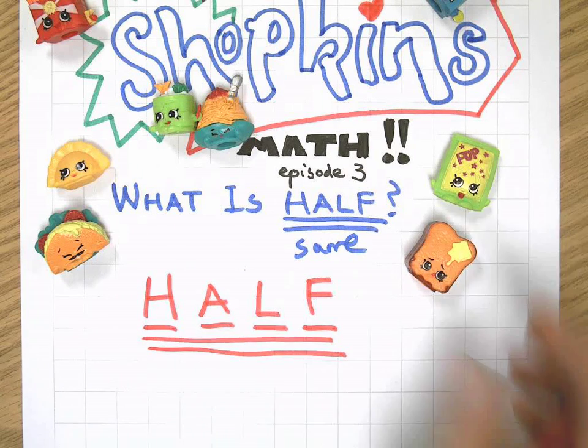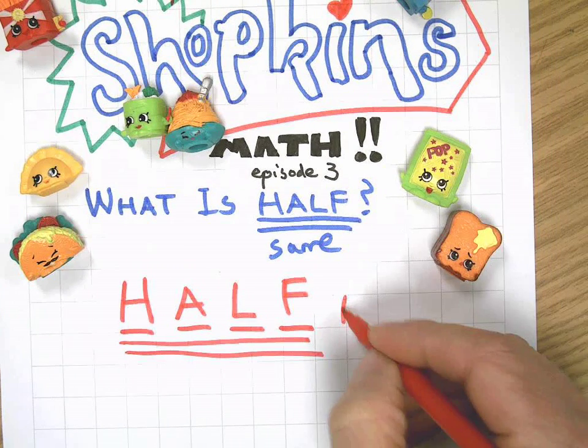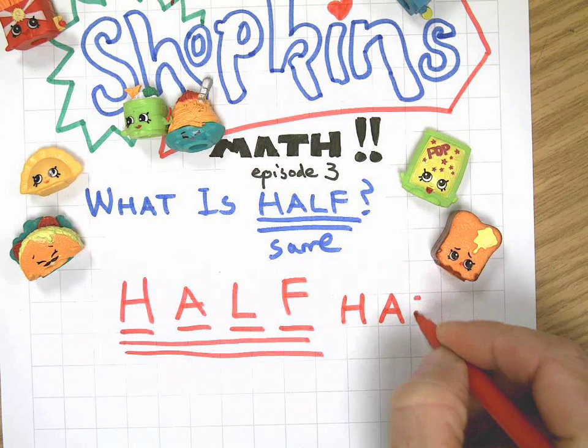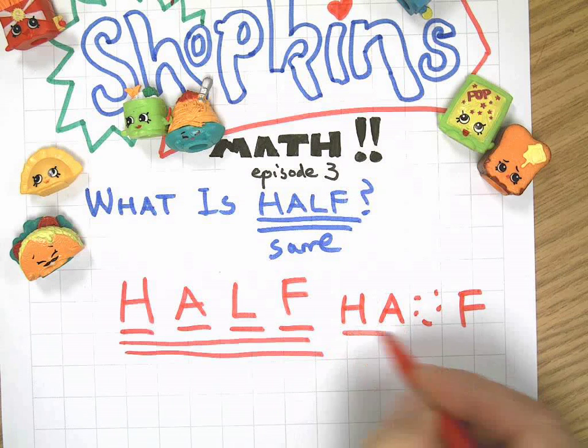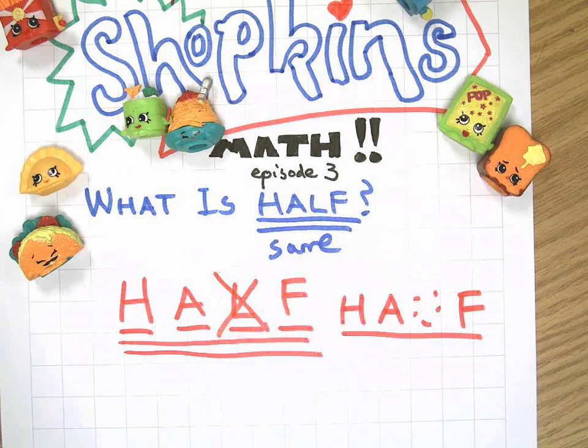And that's not right, is it? I've been saying half. So you have to pretend like it's just H-A blank F, because we say half. That's how we say it. Pretend like the L is not there. That's how we say half.